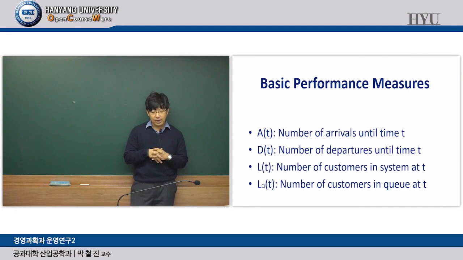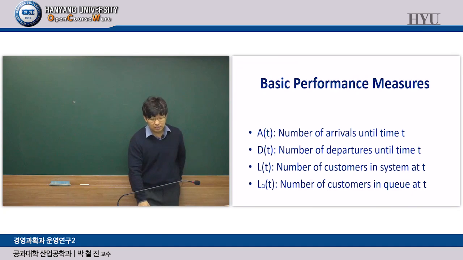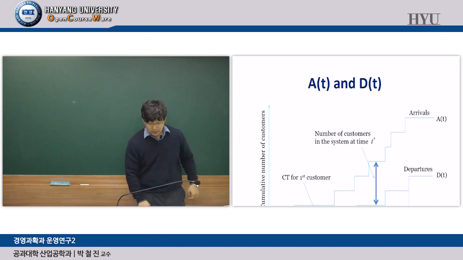L(t) is the number of customers in the system at time t, and LQ(t) is the number of customers in the queue at time t. This is the notation to evaluate the system.